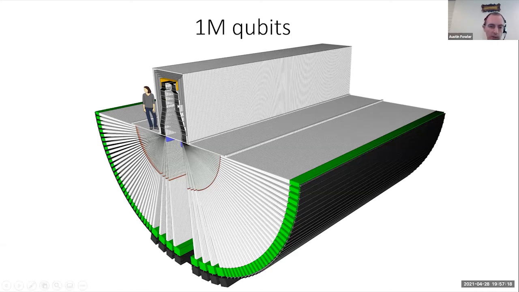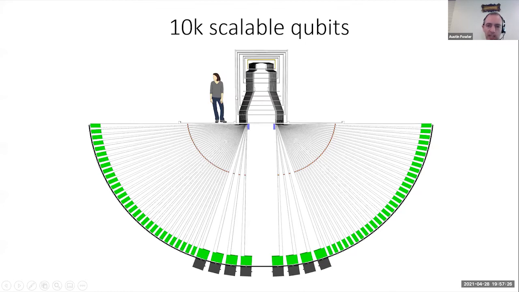So there are certainly components in the fridge that we wish to minimize their volume so that we can get to this scalable picture. If your eyes are good, you'll see boxes here and here that contain more compact versions of amplifiers than we currently have. And yeah, there is a miniaturization effort there.